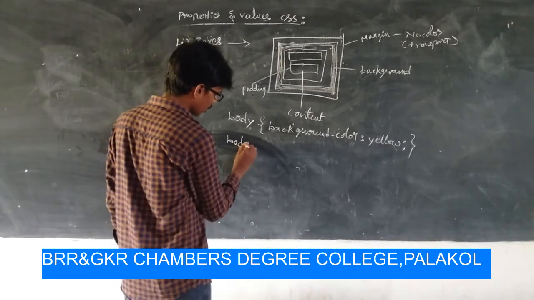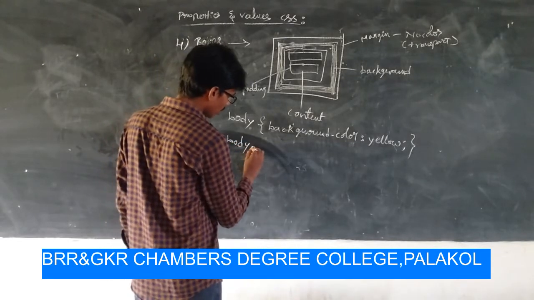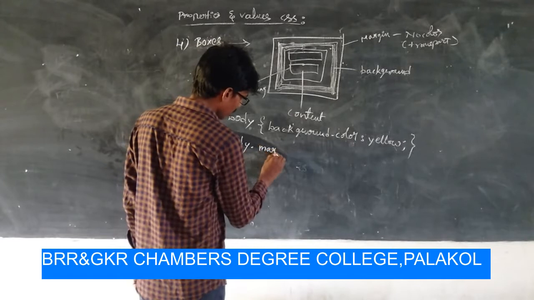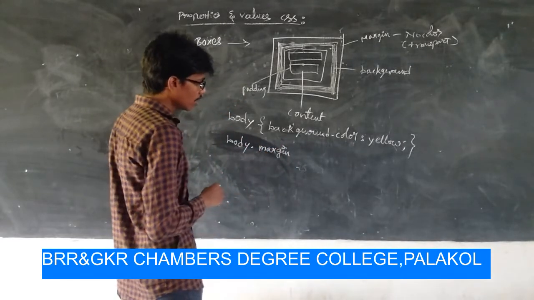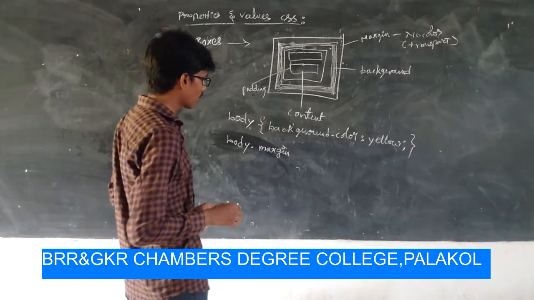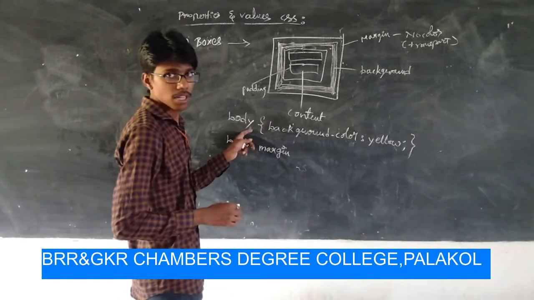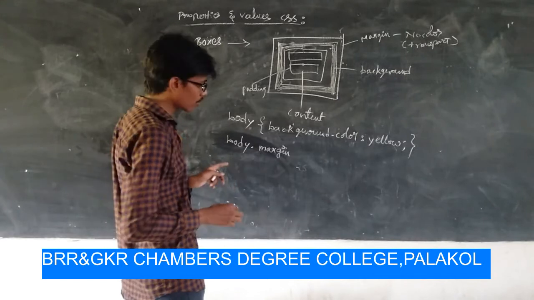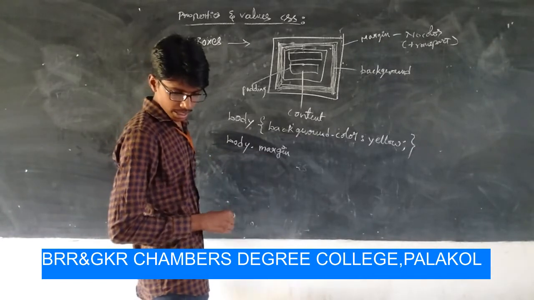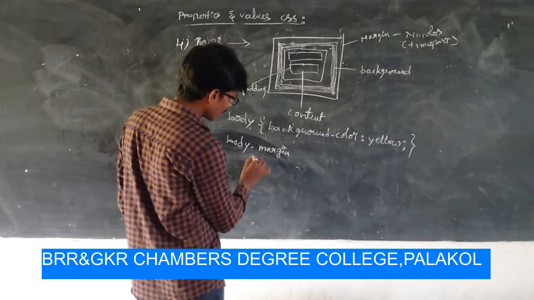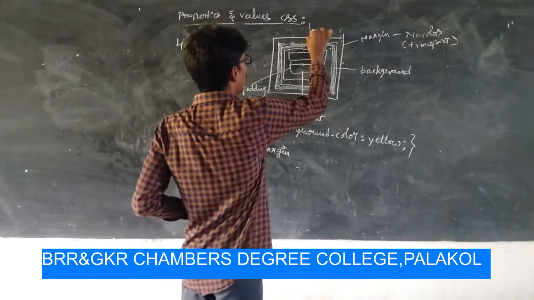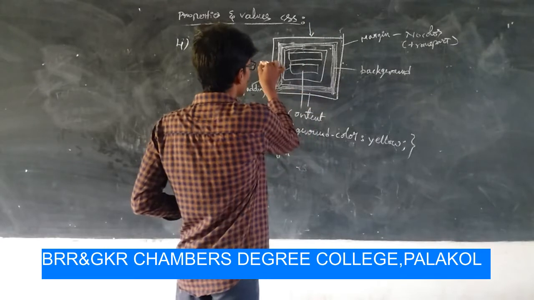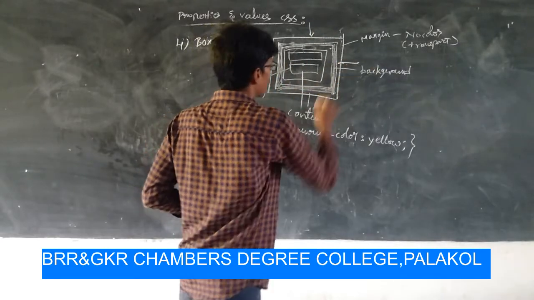In body, dot margin. For example, you want to give a margin value. This is the entire document background color, the entire body background color. There you want to mention a margin. The margin can take four values, that is margin with top, bottom, left, right position.